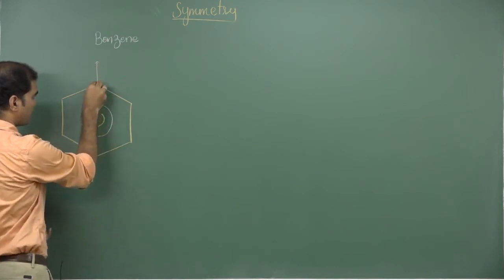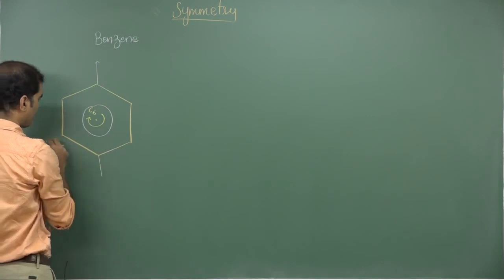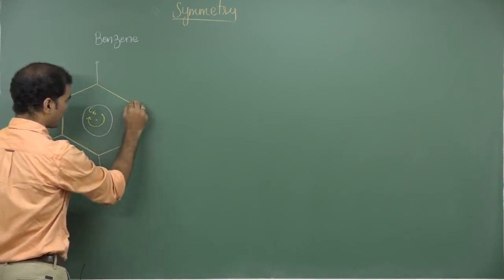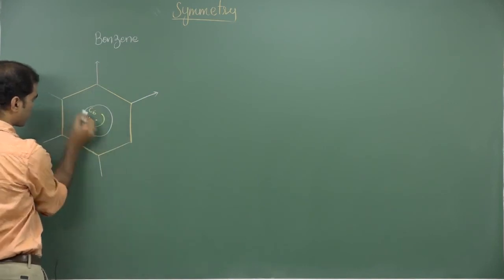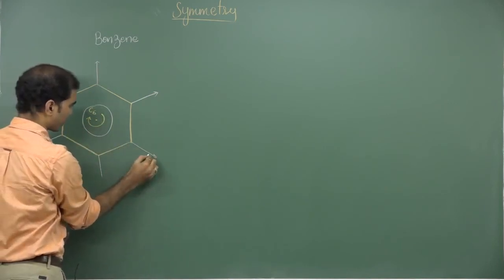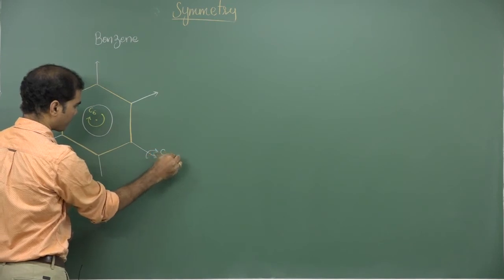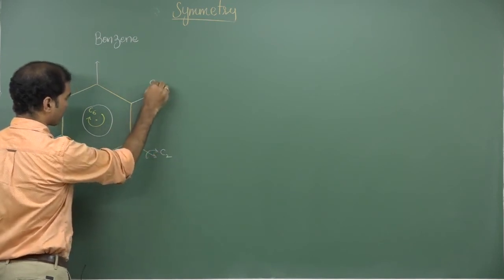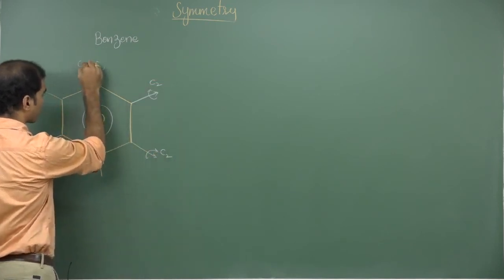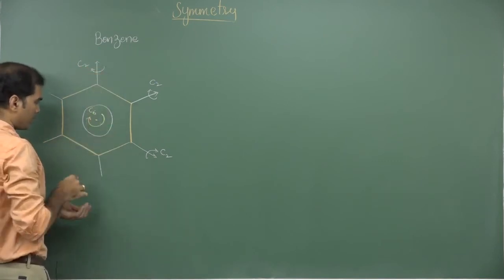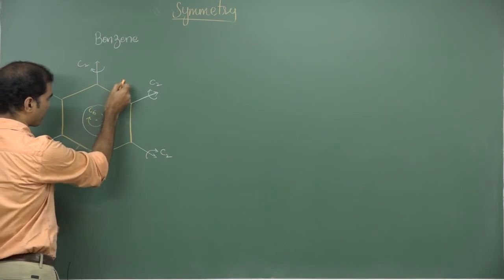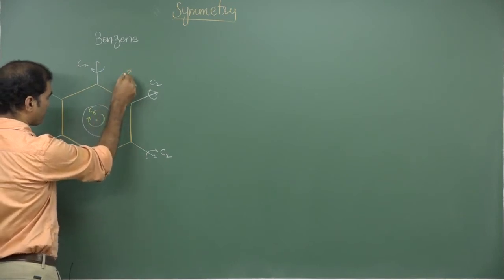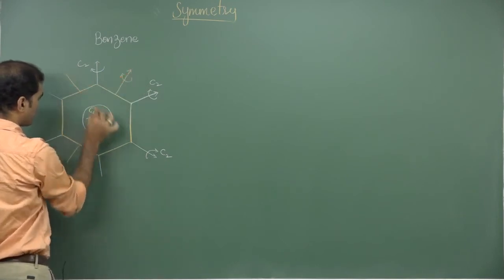now we have a C2 passing from the opposite corners. We are just calling these corners. Then from the opposite edges, we have another set of C2s.